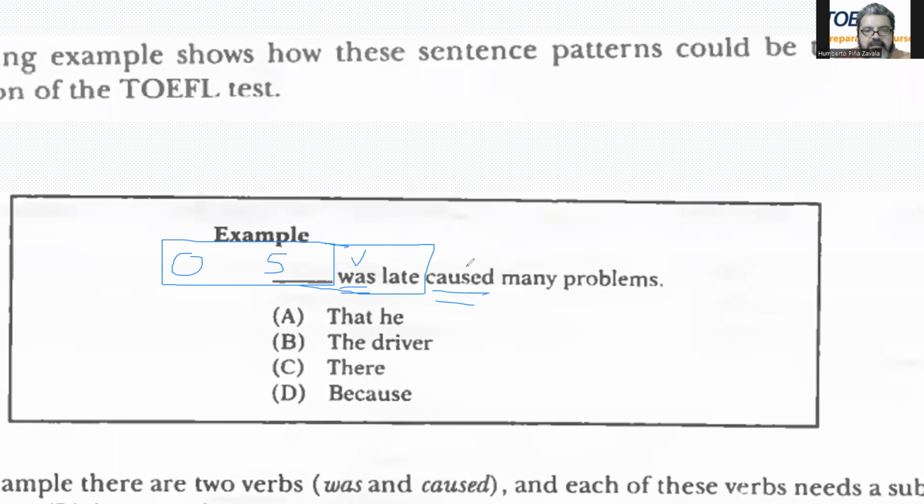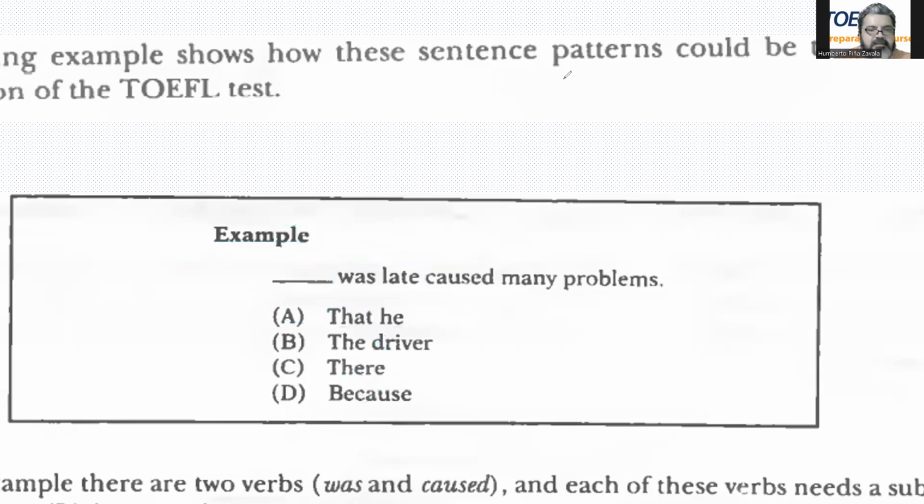Here we have another verb, and this will be the subject for the whole thing. So we need a connector and a subject. "The driver" can be a subject, but we don't have a connector. "There" can be a connector, but there's no subject. Eliminate it for the same reason. So it should be "that he was late caused many problems," right? So the best answer would be A. We have a connector and we have a subject.